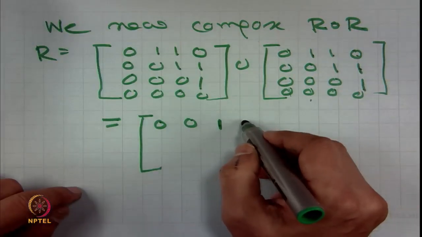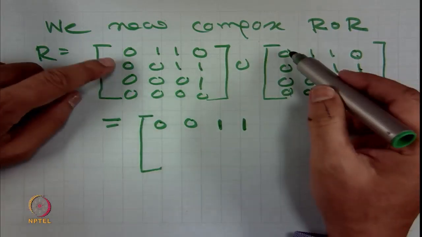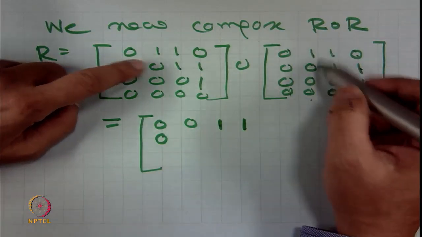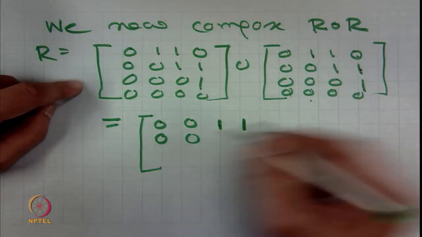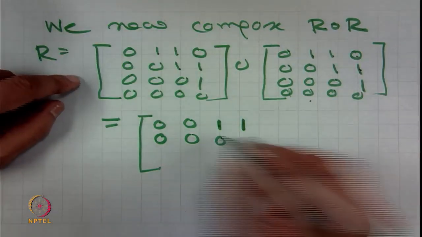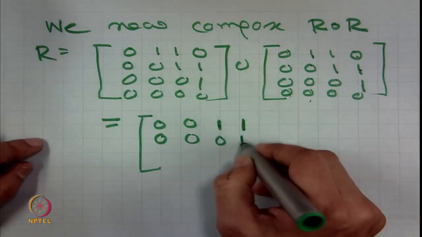Therefore, when we take maximum, we will get 1. Similarly, this is all 0, this is going to be all 0, this is also going to be all 0, and this is going to be 1.